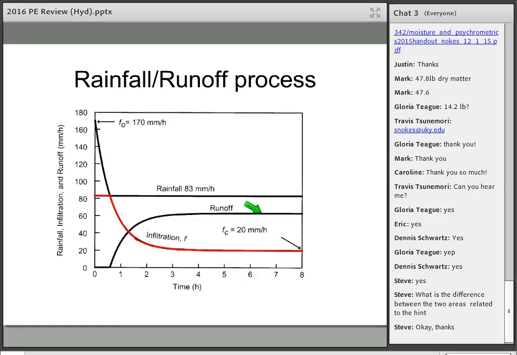Runoff is going to go to a constant rate as well. Real idealistic, but that gives you the concept of what's going on when you've got rainfall on a soil that just continues, and how the runoff and infiltration interact. So the runoff is the blue curve when you get all done.